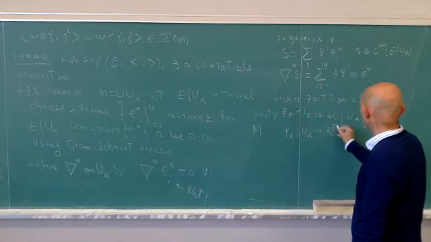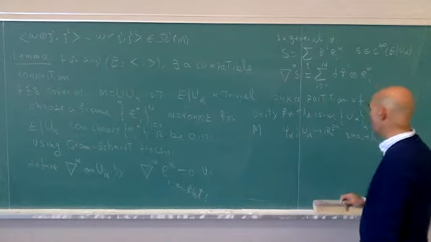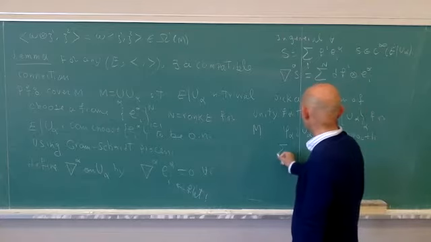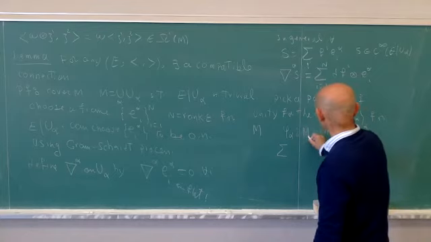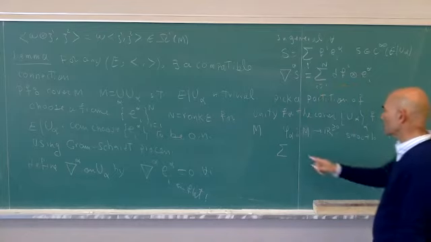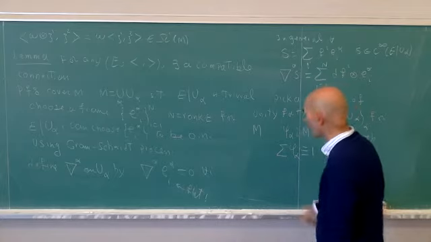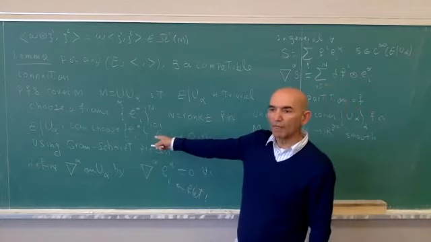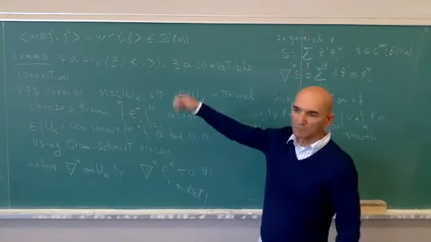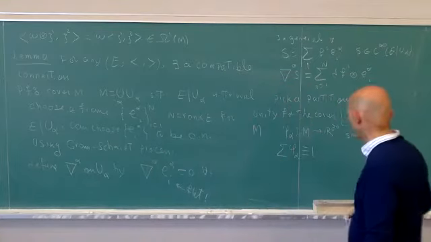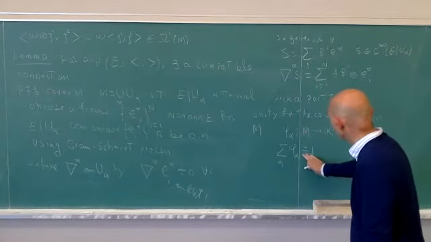Sorry, from M, not from U alpha. Smooth such that the sum of phi alpha is equal to 1. I mean, you make sure that the cover is locally finite, so this always exists over second countable spaces, the sum over alpha is equal to 1.